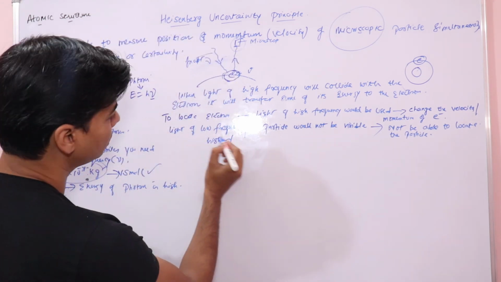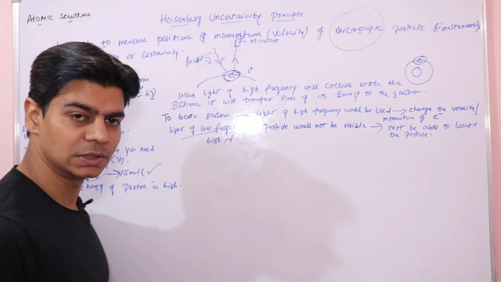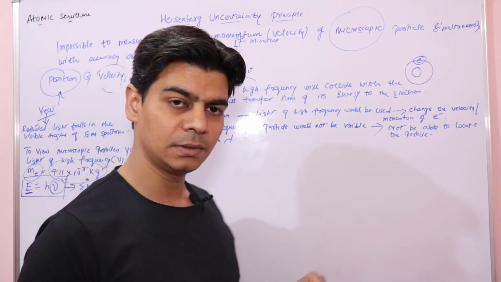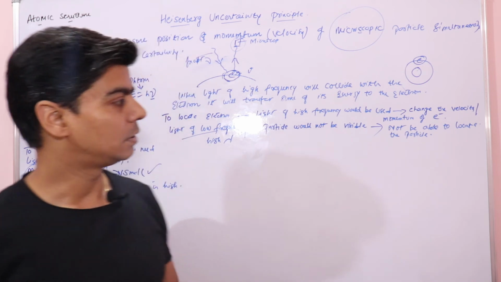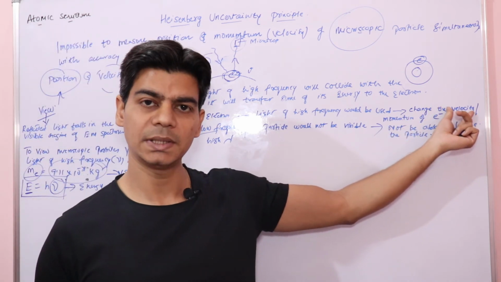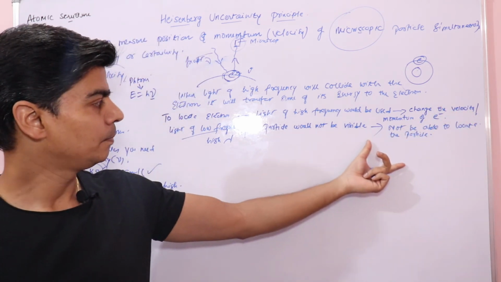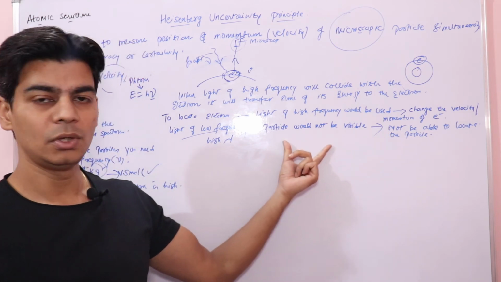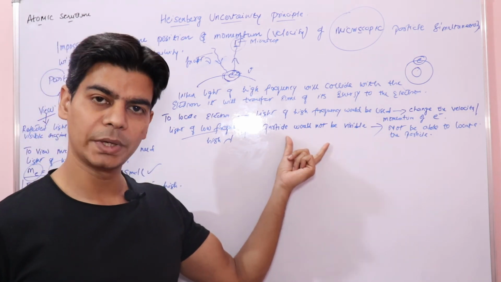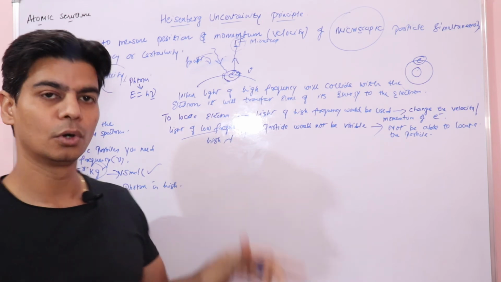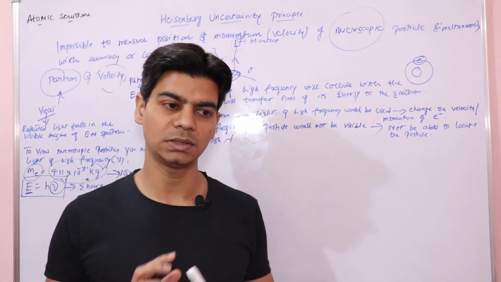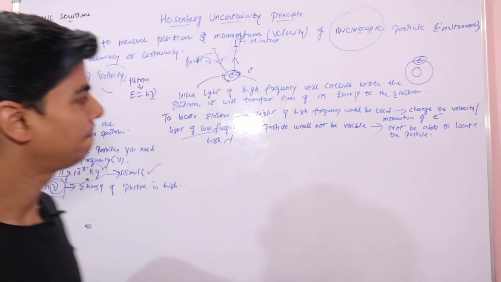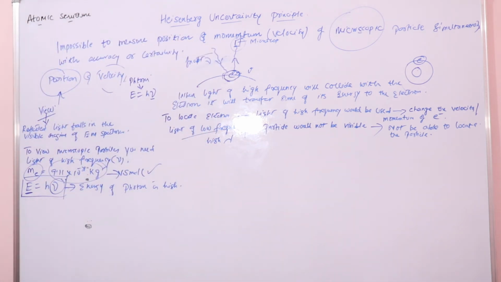Now since I am using light of low frequency, or high wavelength, its velocity does not get changed, but at the same time I am not able to view the particle, I am not able to locate the particle, because the light is of low frequency, and in order to view microscopic, extremely small particles, we need a light of high frequency. So this is it.